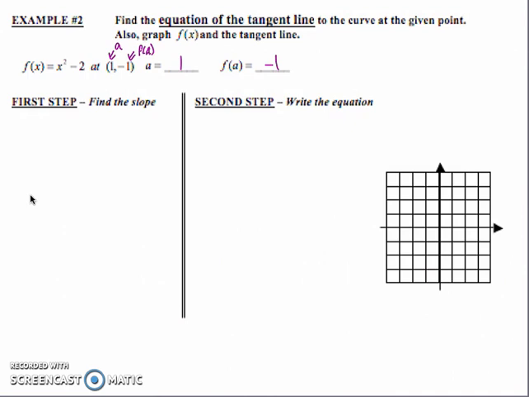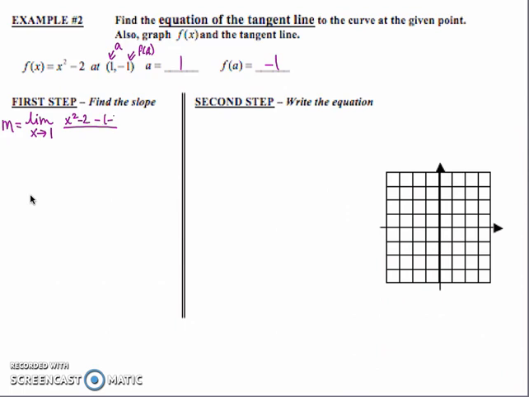Our first step is to find the slope. So we're going to use our definition of a tangent line again. So our slope is going to be equal to the limit as x approaches 1, because that's our a value, of our function x squared minus 2 minus f of a, which is -1.